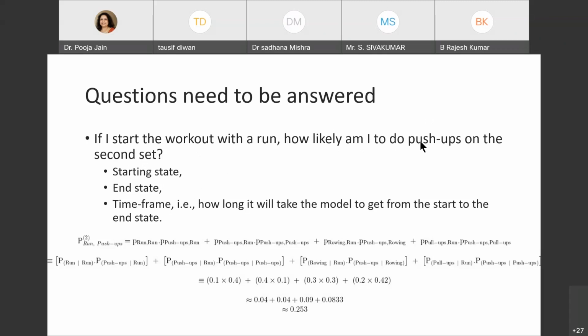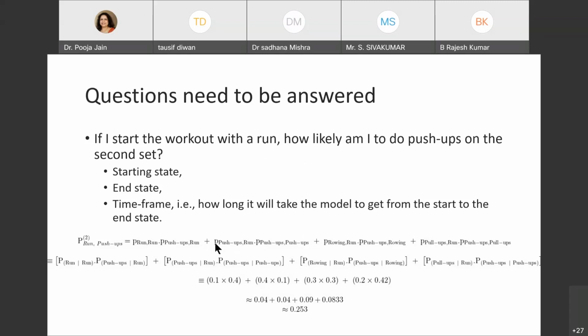Before this second set, one more set will be there. So what can I do? Running, then once again running, followed by push-up. So this is running after running, and then push-up after running. The second alternative: I can do push-up after running, and from push-up once again push-up.